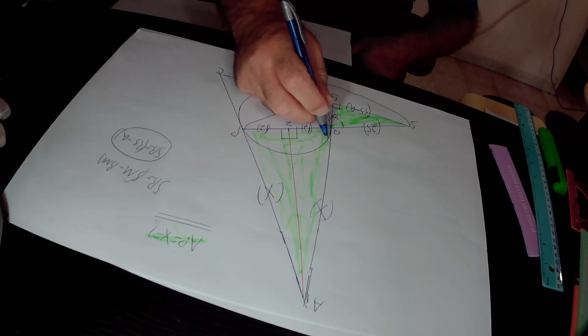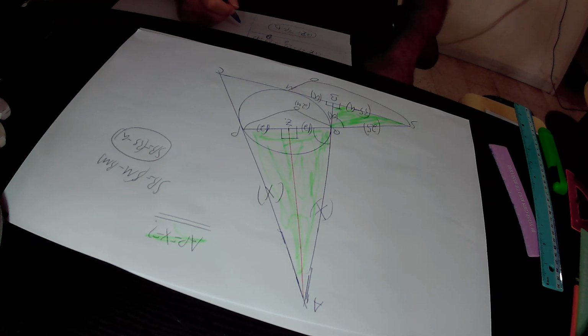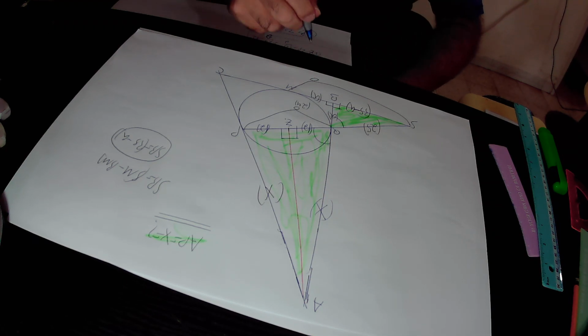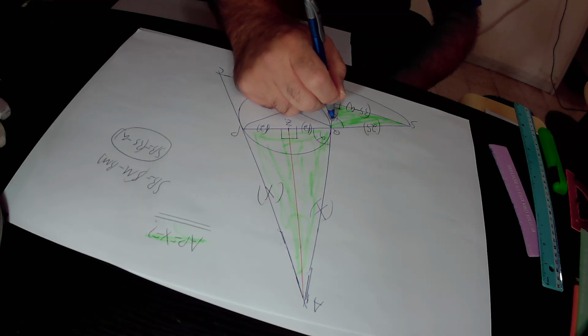Those two angles are defined as vertex angles, and we know that vertex angles are equal to each other. So if you define the size of this vertex angle as alpha, then the size of this vertex angle must also equal alpha.